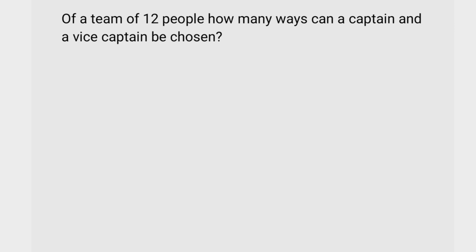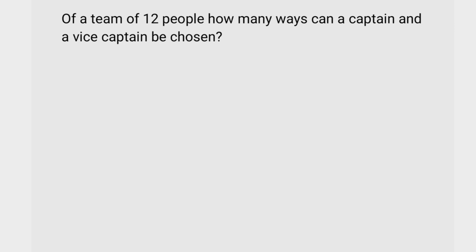Okay, if you did do it, I hope the first step is generally to determine whether to use the permutation formula or the combination formula. But you should see that in this case we're choosing one captain.